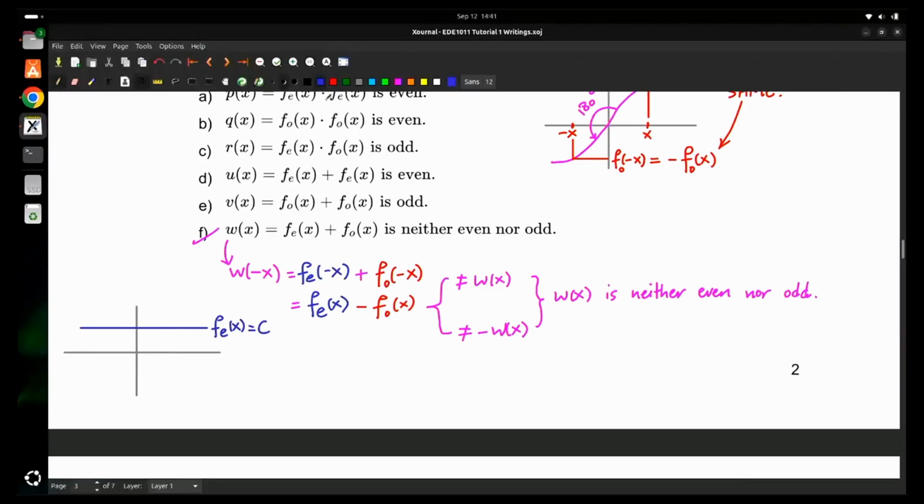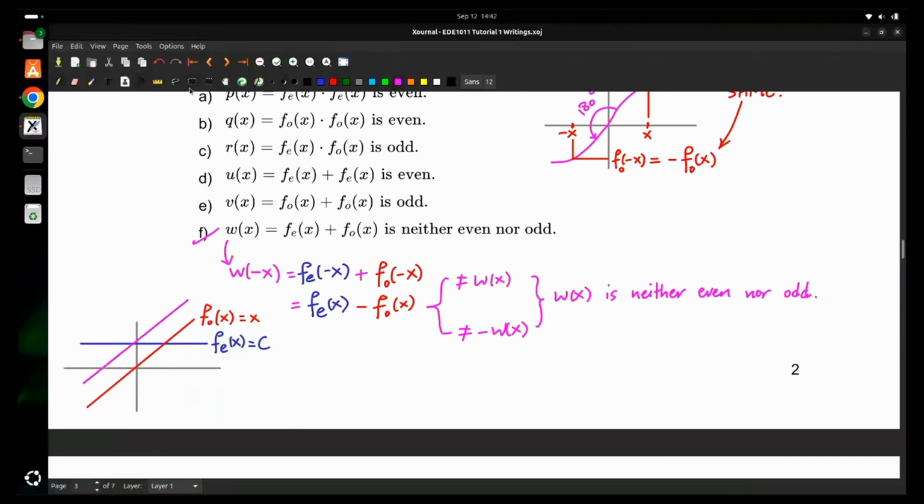Then what about odd function? Odd function, maybe you say that y equals to x, simple function. So f odd of x equals to x, let's say. So now if you try to add f even to f odd, what do you get? You get a function for x being shifted up by c.